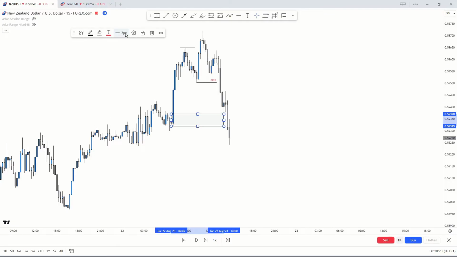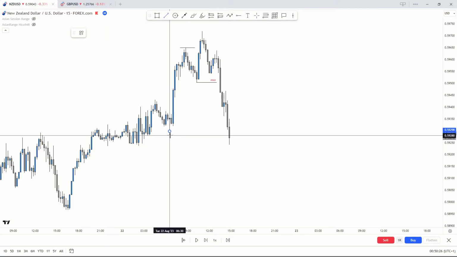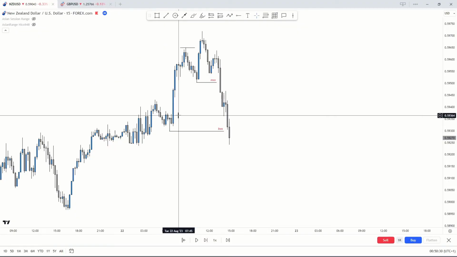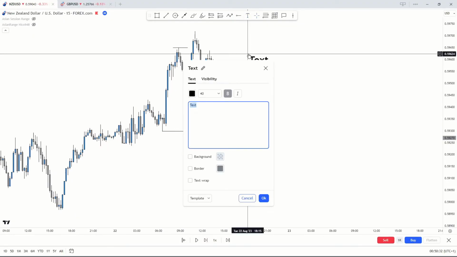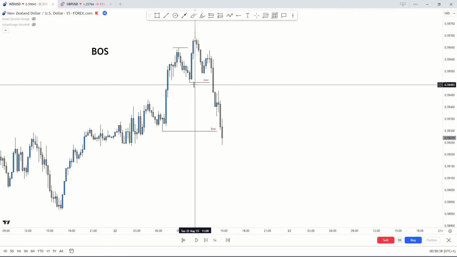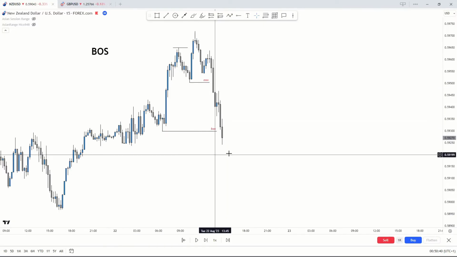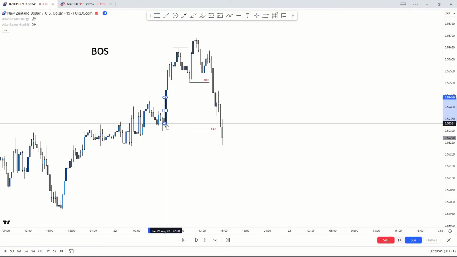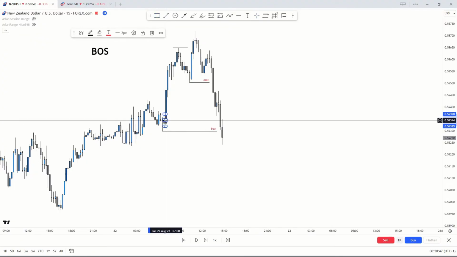So this was a break of structure. If we are going to use the rules, I'm going to quickly put up the first one here, which is break of structure. We have found a valid market structure shift, which is a type of break of structure, and we have an actual break of structure here, and we have a demand zone being invalidated. This is going to come in important later on.